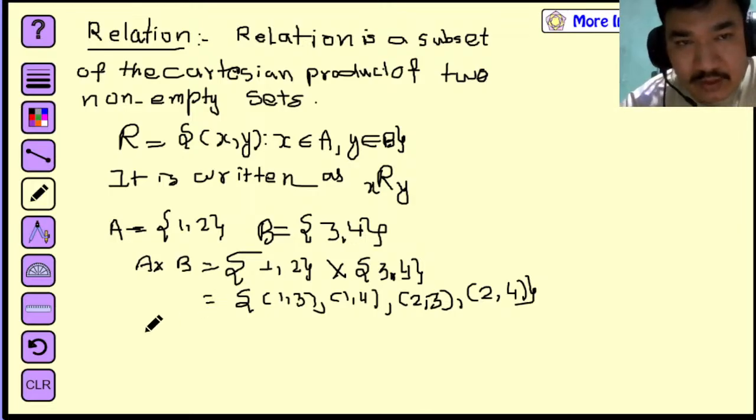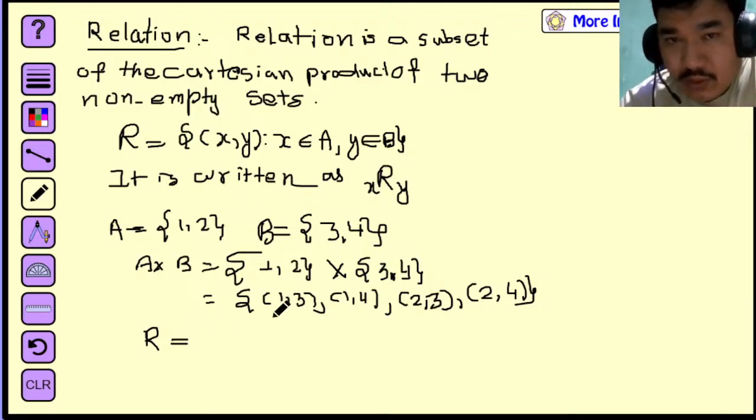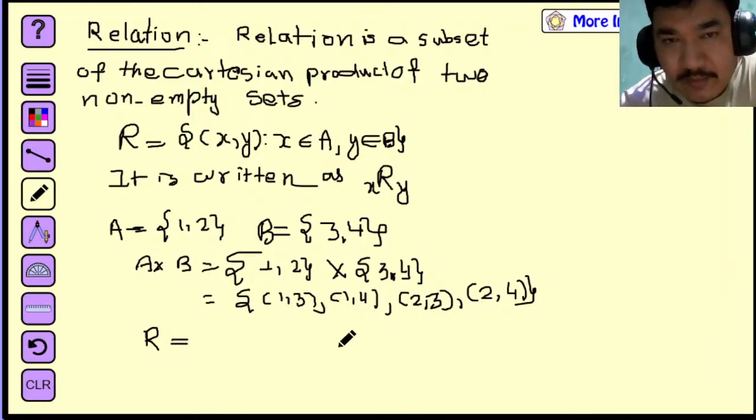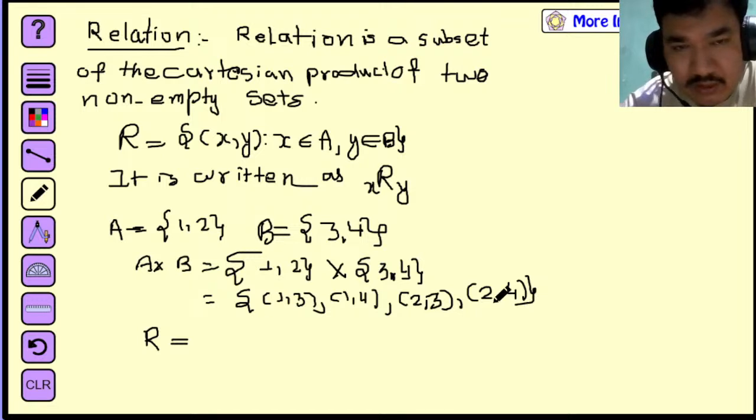Now how do we find the relation? From these ordered pairs we have to select some ordered pairs. Look here, in 1 comma 3, this 3 is more than this 1 by 2. Similarly we can find another one.